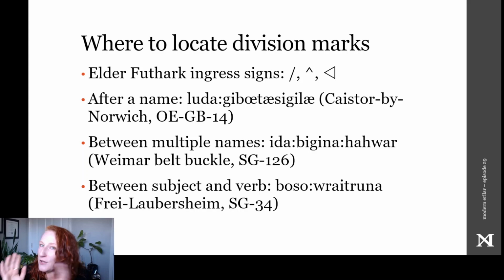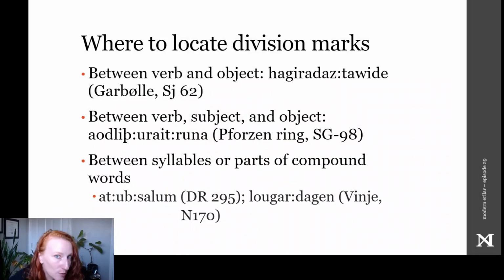So there's a lot of variation there. And some inscriptions separate the verb and the object. Some inscriptions separate the verb, subject, and object. Rune writers can also use dividers between syllables. In DR 295, the phrase at Uppsala was written at Uppsalem.